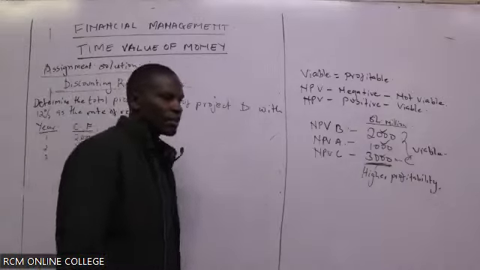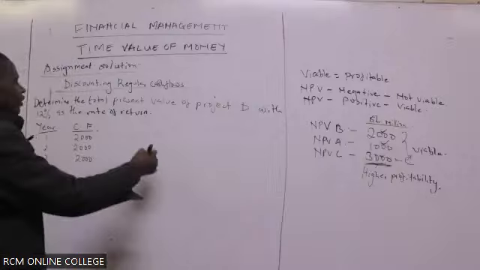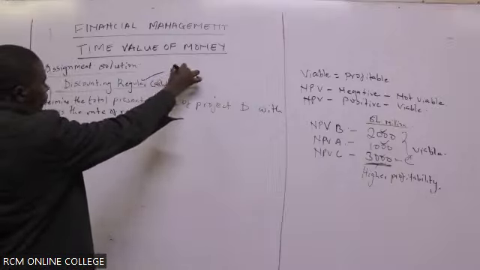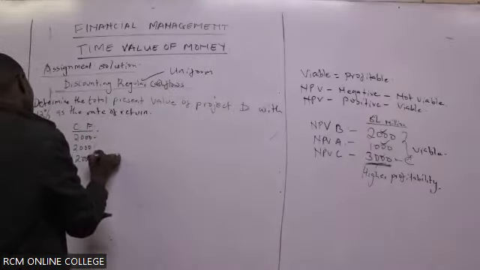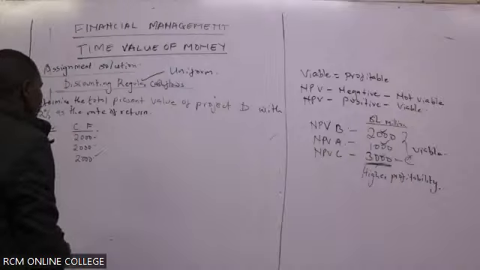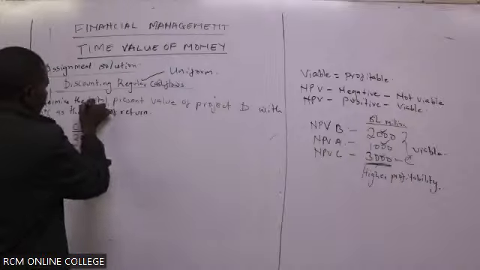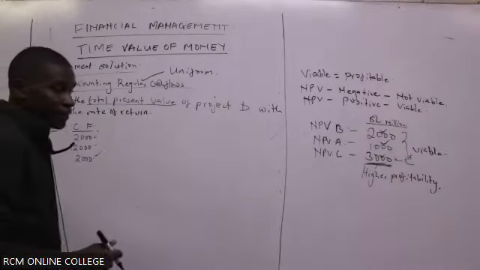So in this case, our cash flows are regular. So when we talk of regular cash flow, we mean uniform. So if I look at year 1, 2, 3, we have uniform cash flow. And therefore, if you are told to determine the total present value, it is easy.